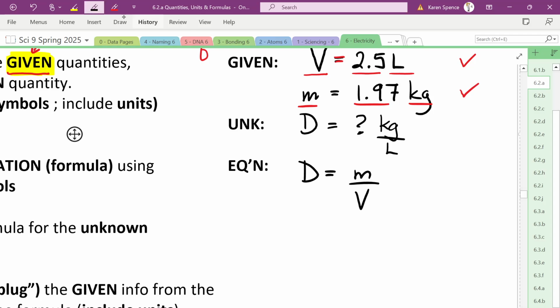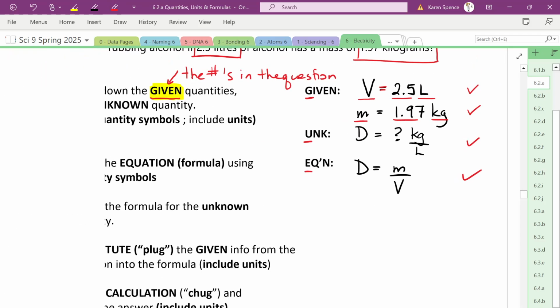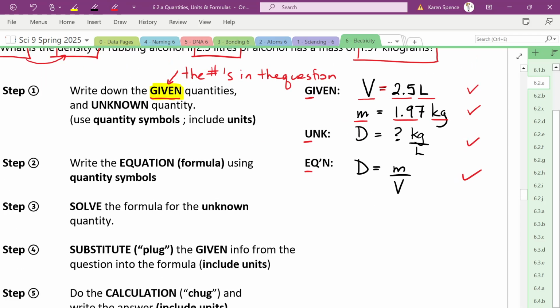So we wrote down our given, G. We wrote down our unknown, U. We wrote down our equation, E. So we get 1, 2, 3, 4 marks for that. All right, and we've not even gotten close to doing anything with these numbers. The first S is to solve the equation for the unknown quantity.